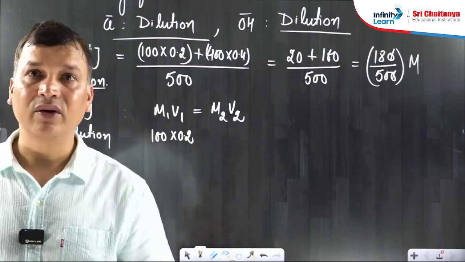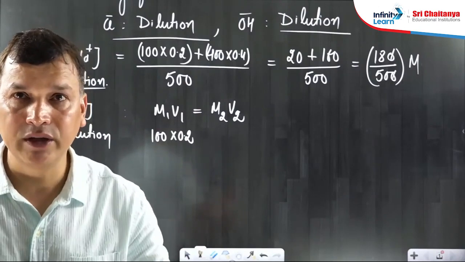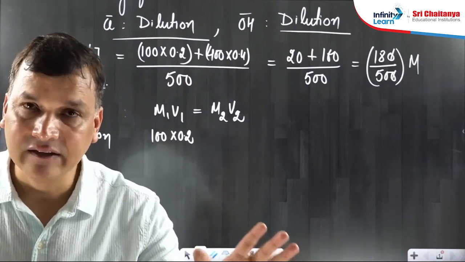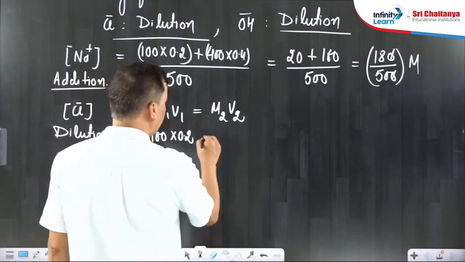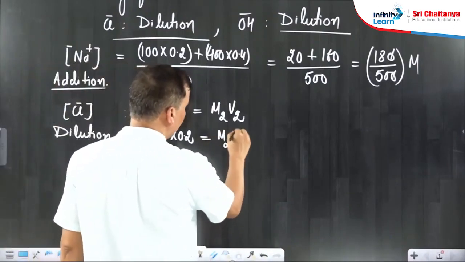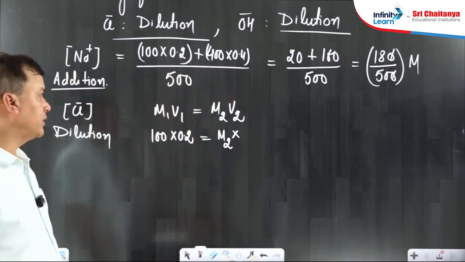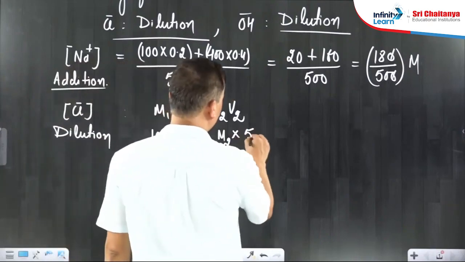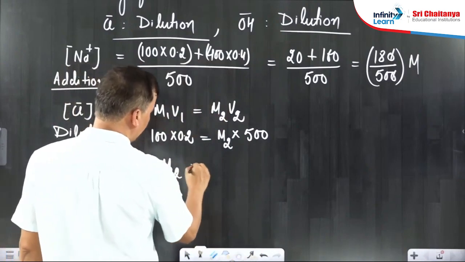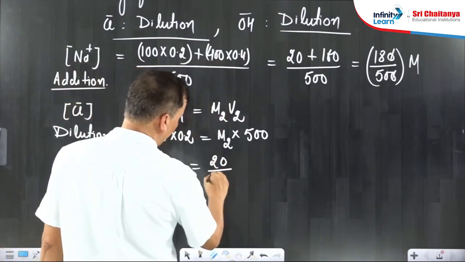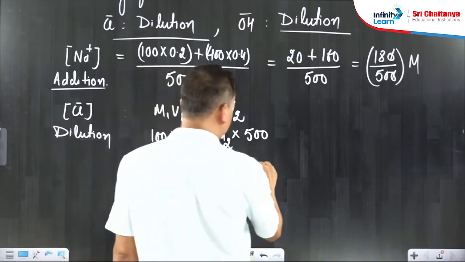Are you understanding the question or not? One solution is sodium hydroxide and the second solution is sodium chloride. Now tell me V2, what will be the final volume after mixing these two solutions? That is 500. So M2 is equal to 20 upon 500, that is 1 upon 25.